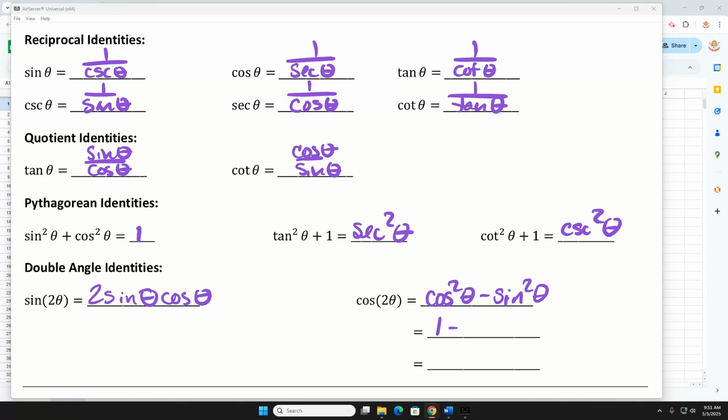This one has a 1 minus 2 sine squared, and this has 2 cosine squared minus 1. And so these kind of stay in the same order. If this is sine squared, that's going to be subtracted. And the cosine squared won't be subtracted. Anyway, it's a lot to remember.